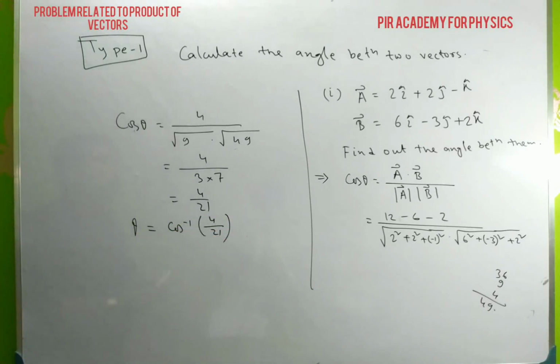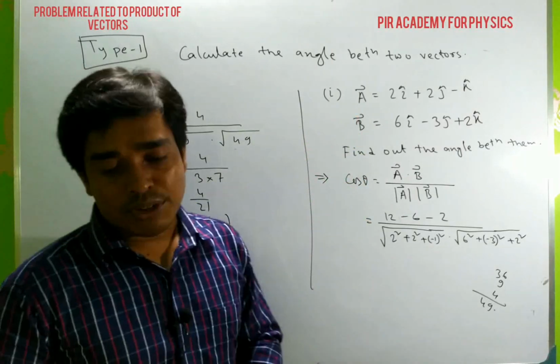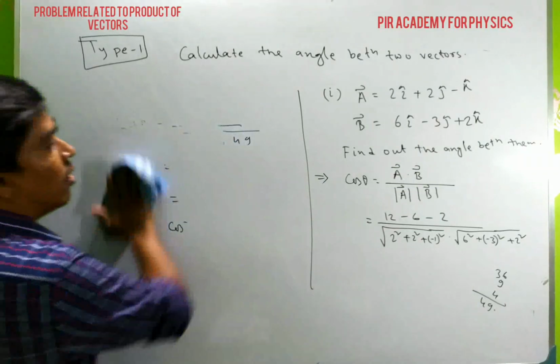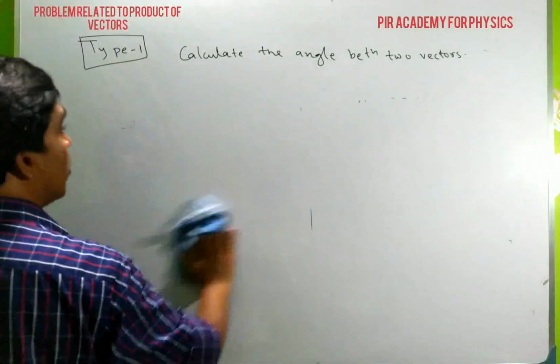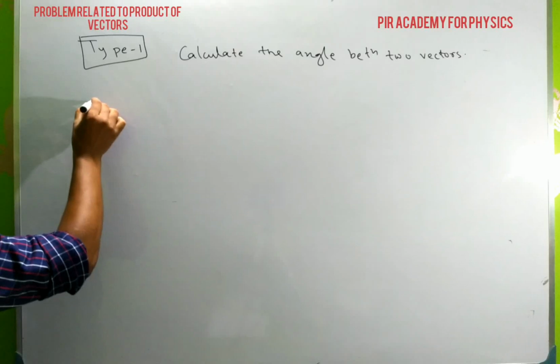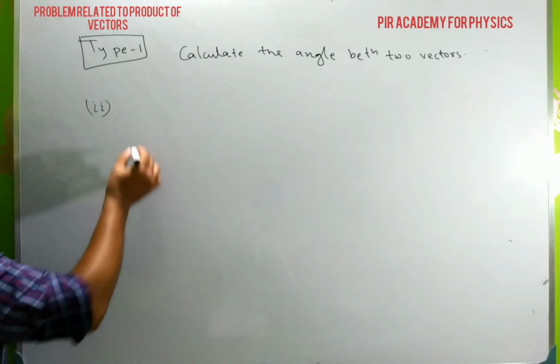This is the process of how you can calculate the angle between two vectors. Number 2: you have to calculate the angle between vectors with the help of the definition of the product.